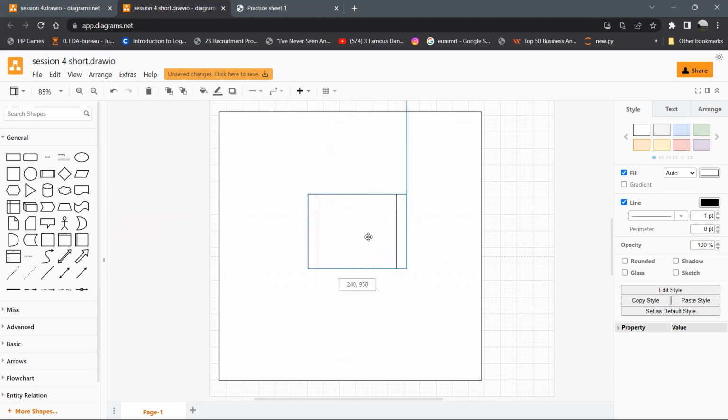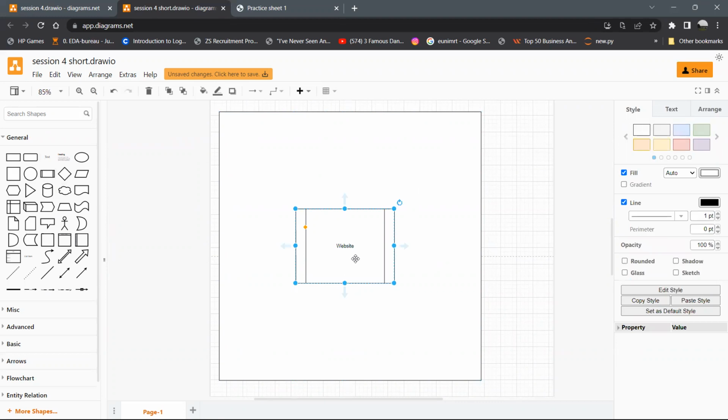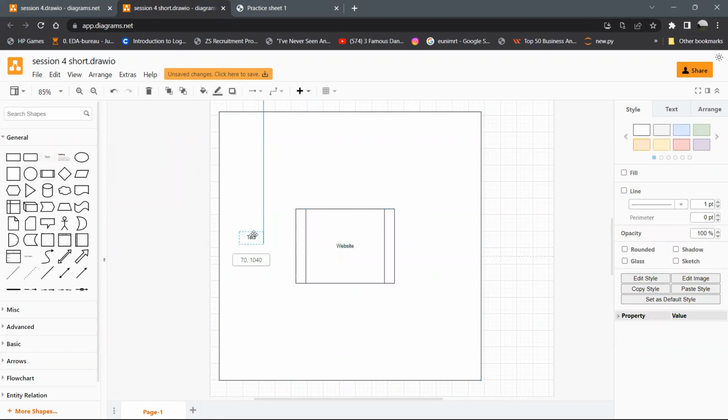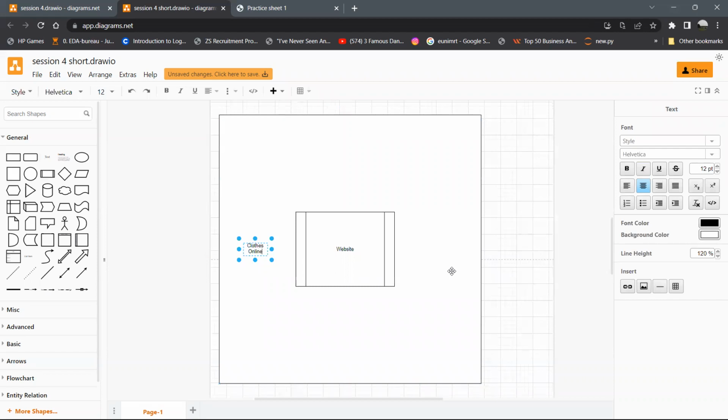So we are having a website, and this is a website which sells clothes online.